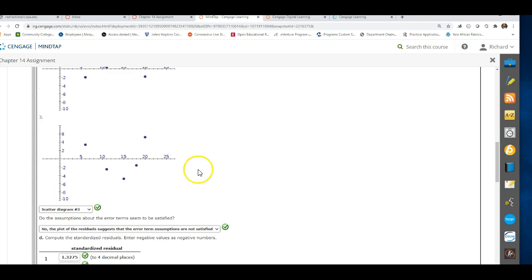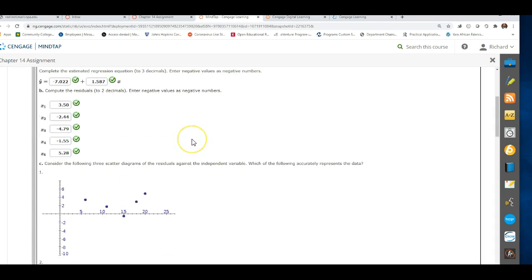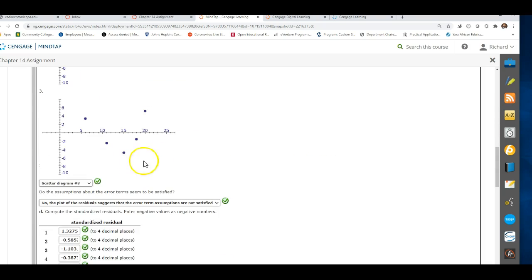The scatter diagram that matches our residual plot is diagram 3, which suggests that the error term assumptions are not satisfied. You'll need to check section 14.8 of the textbook for those assumptions.